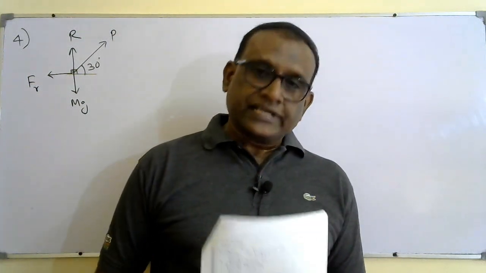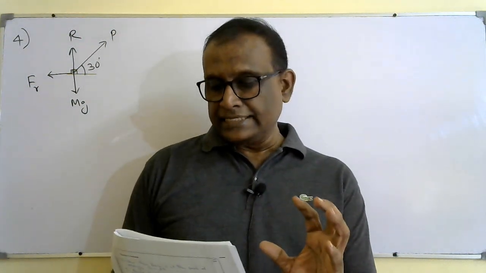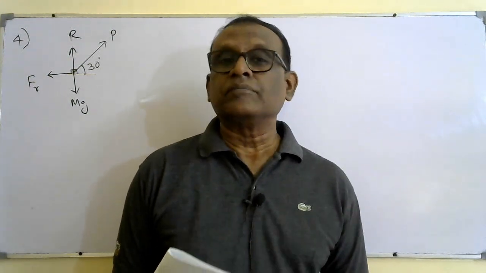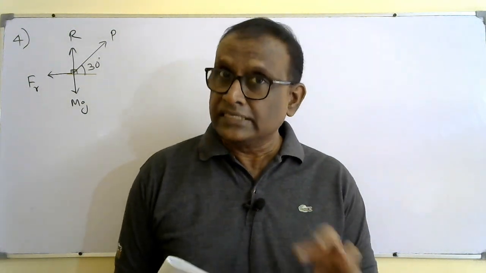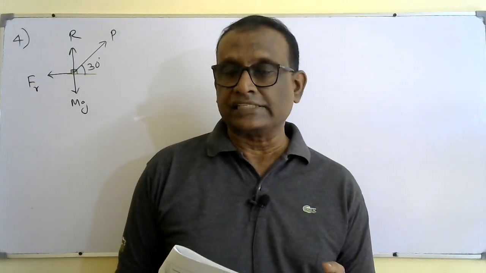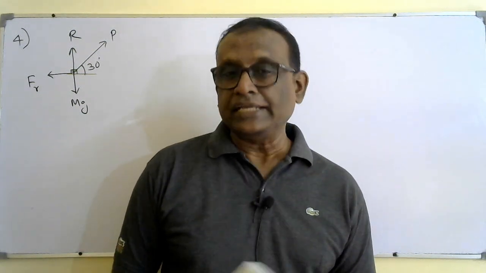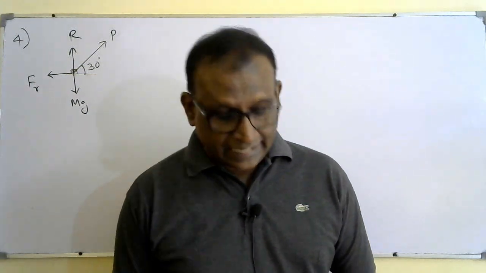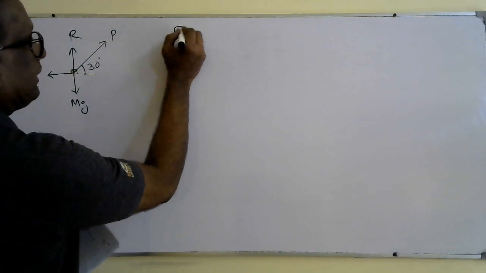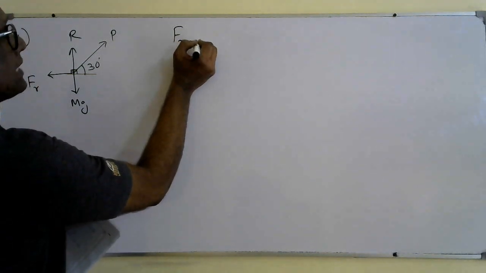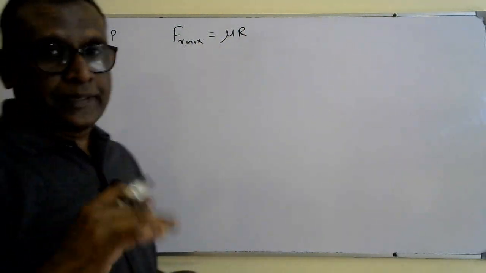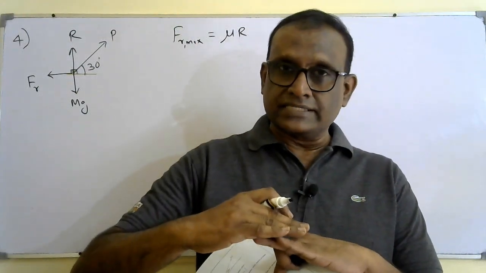They are saying it's the point of slipping, so the friction has become the limiting friction. But careful, the limiting friction now won't be 18 Newton. The limiting friction Fr max is given by mu R, but mu is constant, depending on the type of the two contact surfaces.